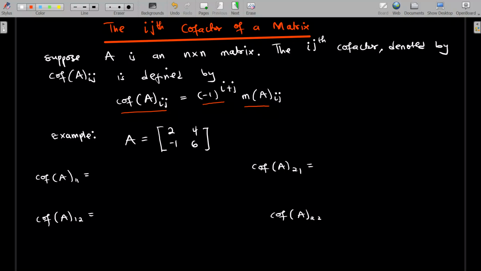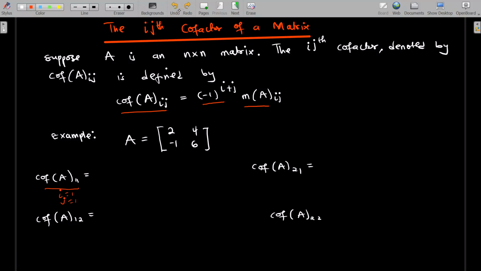I'm going to use this example to explain the minor. The cofactor of a11 means i is 1 and j is also 1, remember the definition is ij.